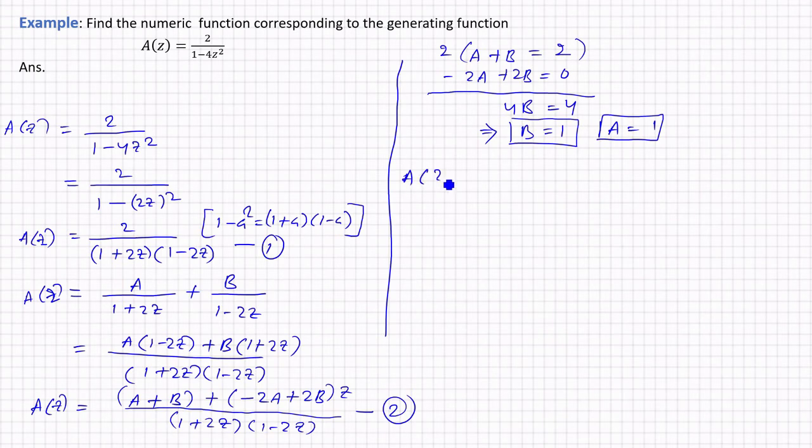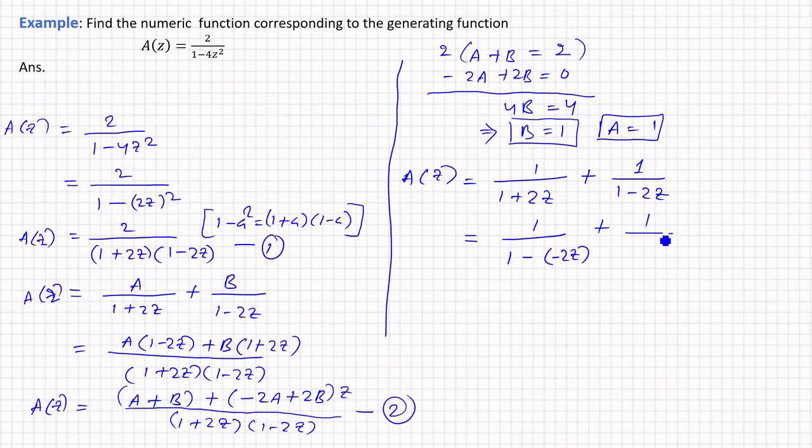So this A(z) can be written as 1 divided by 1 plus 2z plus 1 divided by 1 minus 2z, or it can be written as 1 divided by 1 minus of minus 2z, plus 1 divided by 1 minus 2z.